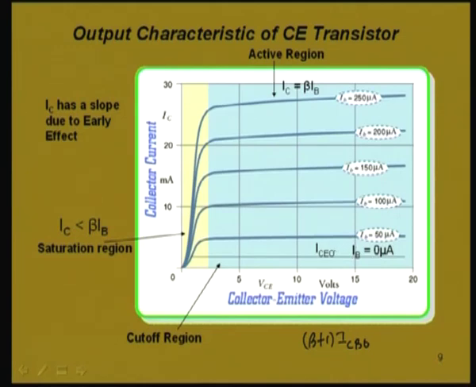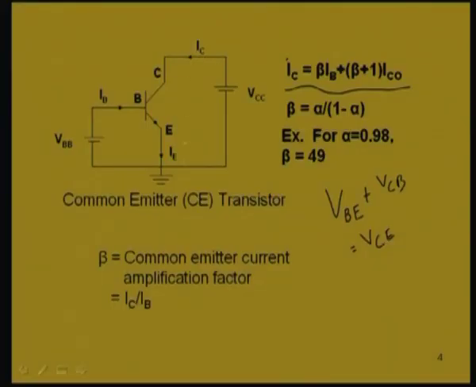The name is given because CEO means collector to emitter current when the base is open. That current will flow between collector and emitter, in that output circuit. If we look into the circuit again, this current will be between collector and emitter, even when this base circuit is open.